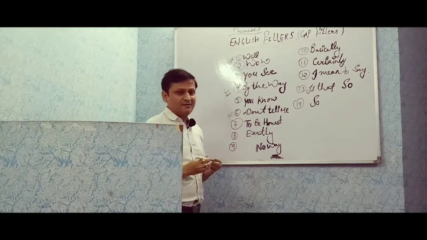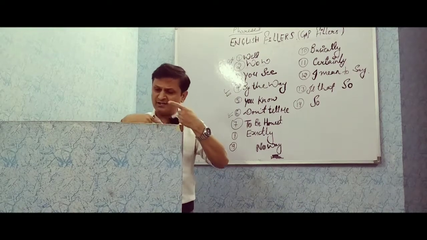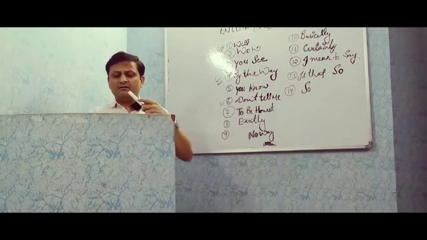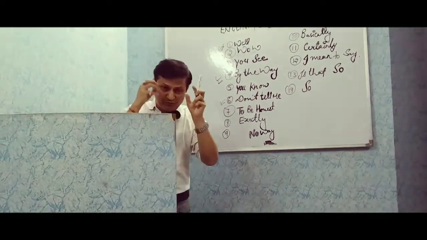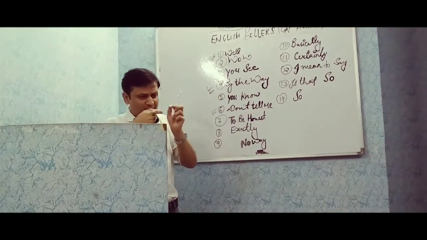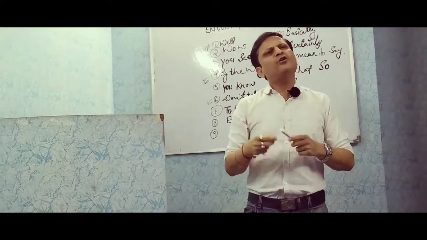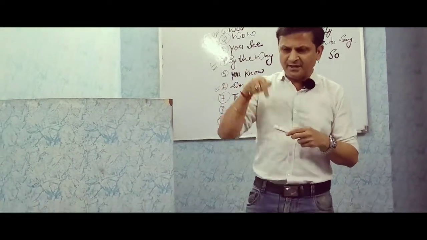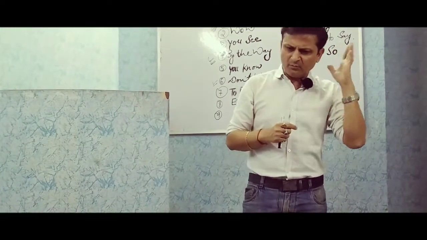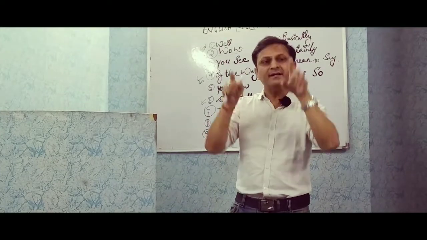Don't tell me, you use it whenever you are in your friend circle. If somebody in the group says, do you know about XYZ? He is also your friend, but he is absent from that group.